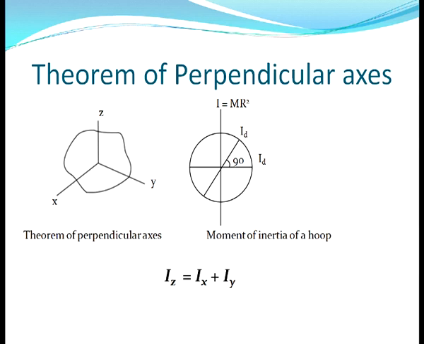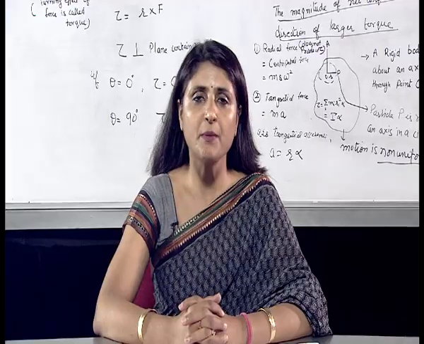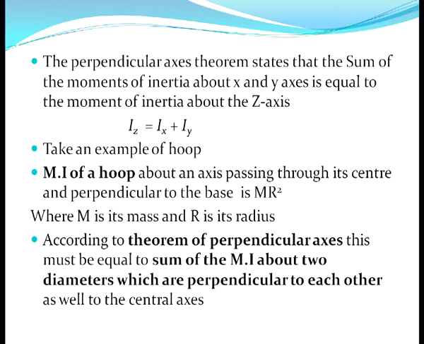So Iz = Ix + Iy according to the theorem of perpendicular axis. The perpendicular axis theorem states that the sum of the moments of inertia about the x and y axes is equal to the moment of inertia about the z axis. Take the example of a hoop: the moment of inertia of a hoop about an axis passing through its center and perpendicular to the plane is given by mr², where m is its mass and r is its radius.